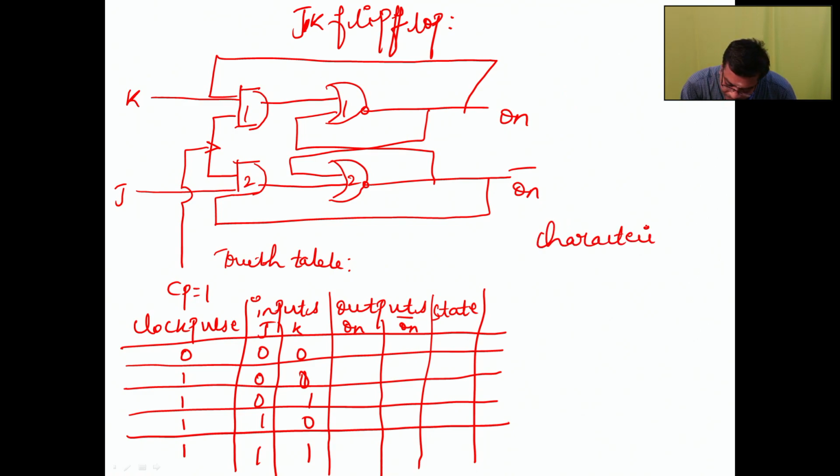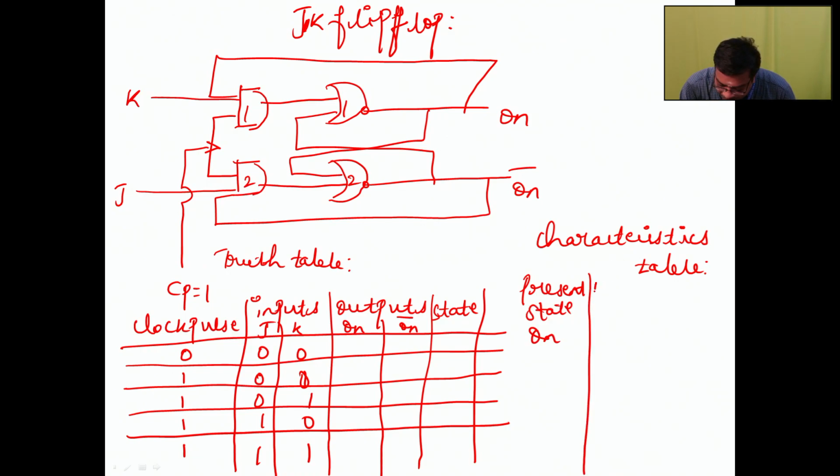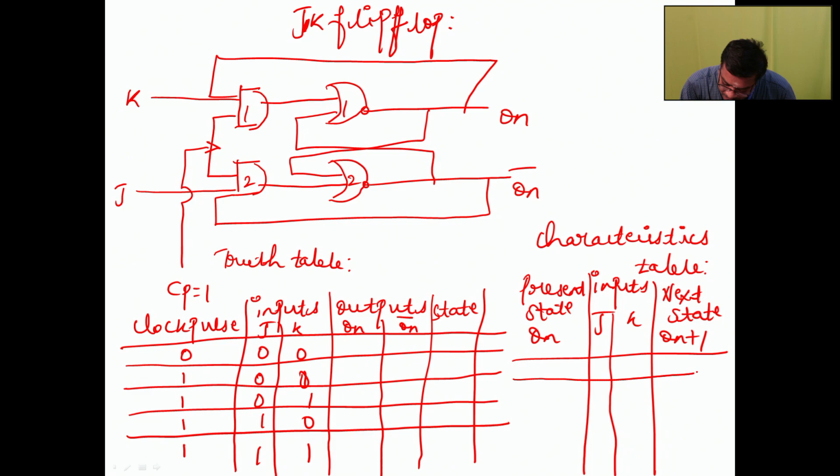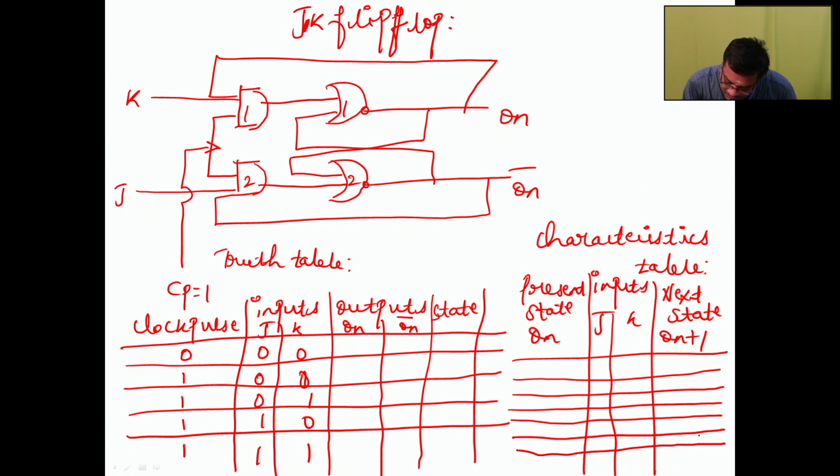Characteristics table: present state Qn, inputs J and K, and next state Qn plus 1. 0 0 0 0 0 1 1 0 0 1 1 1 0 0 1 0 1 1 1 1.